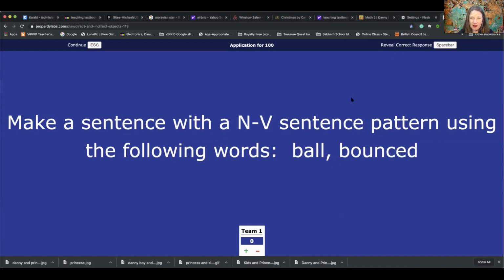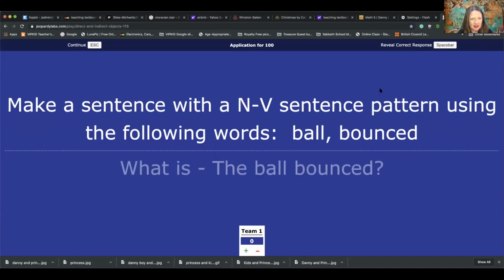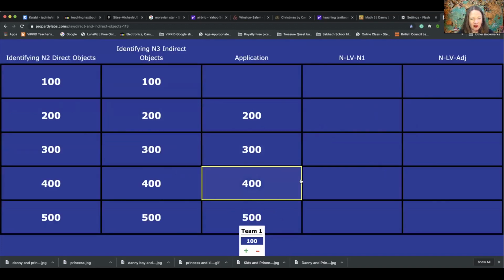You go up here to the top where it says reveal correct response. What is the ball bounced? Remember, with Jeopardy, you are supposed to answer it as a question. If you add a prepositional phrase, that's okay. It's not wrong. So because I got that one, I come down here where it says Team 1, and I give myself a plus, and it will add it for me. Then I'm going to hit continue.